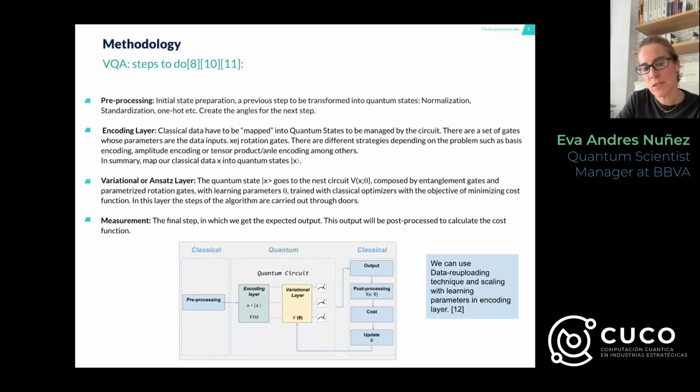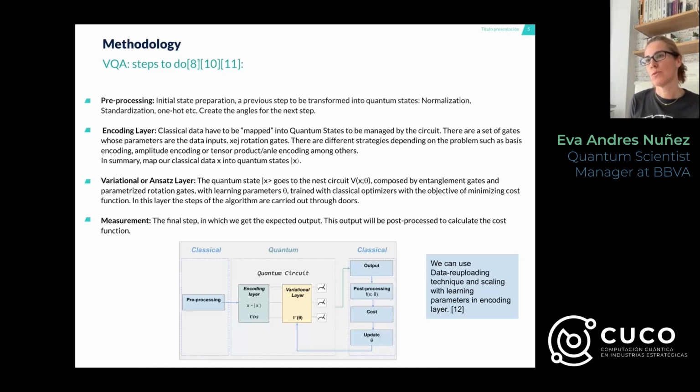The next step is the measurement process. We can obtain the observables of this quantum system, do the measurement in the computational basis, or, if we want, get the state vector of this quantum system. After that, we can post-process this output in the classical hardware, for example, applying a transformation function such as softmax or another probability distribution function, with the objective of getting the expected output.